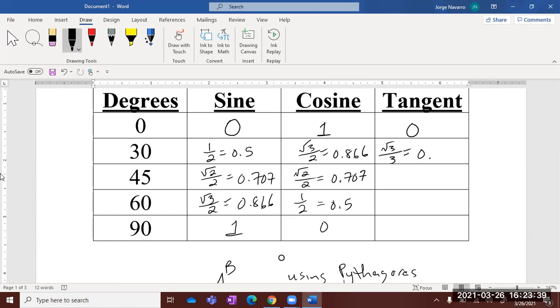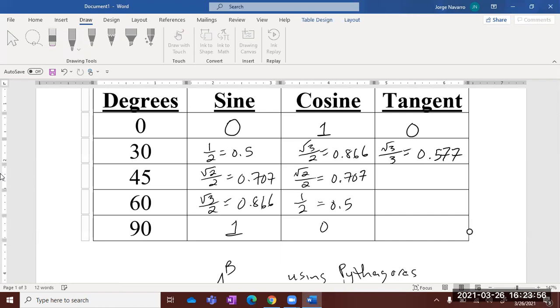I'll be very frank with you, I rarely remember that one, as it is one that I rarely use. So it is 0.577.